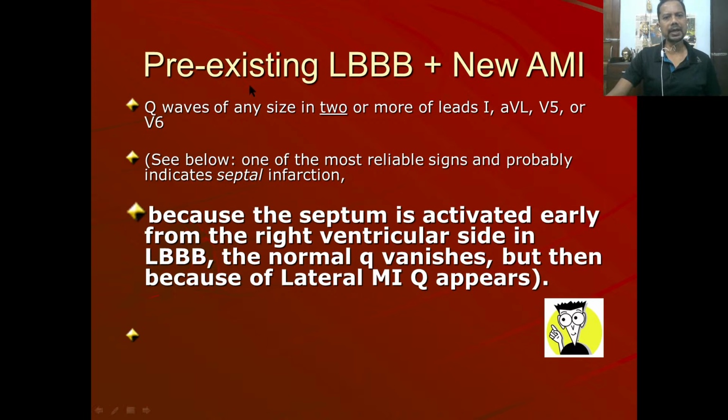And in the pre-existing LBBB, this is one of the hottest topics for MDs: how you will diagnose acute MI in the setting of left bundle branch block, because the left bundle branch block totally ruins the configuration of the contours of the complexes, especially the complexes over the lateral walls. Okay, V5, V6, lead 1, aVL.